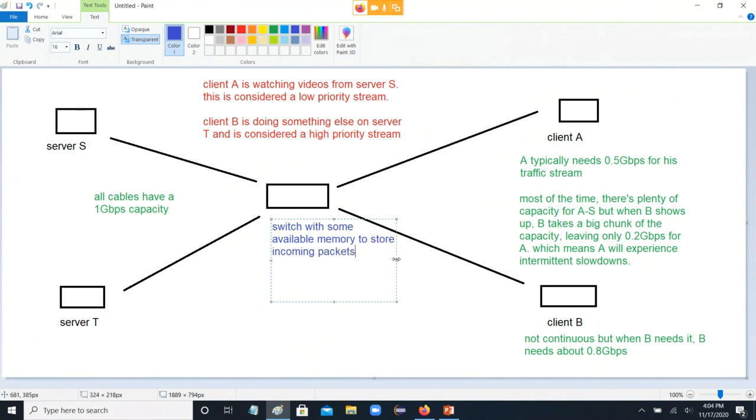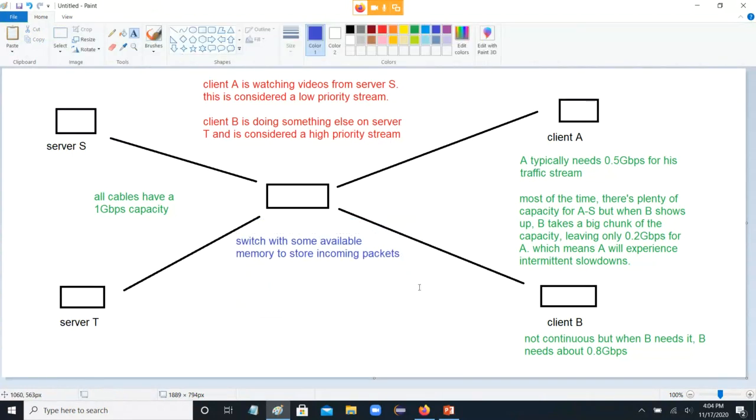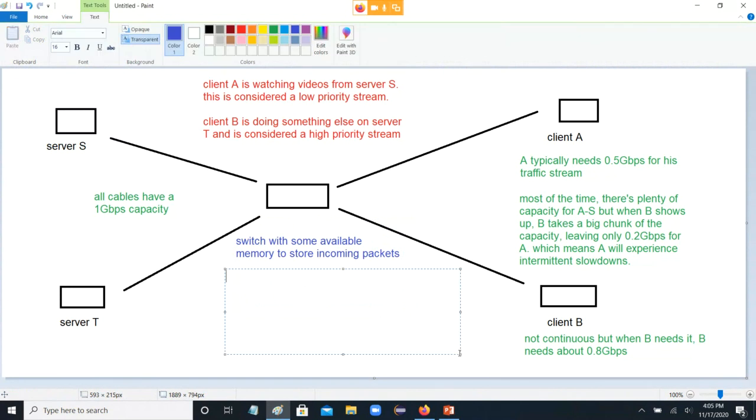So as packets arrive at the switch, some of them will be stored in memory if it can't immediately forward them. So ideally, the switch would immediately forward on any incoming packets.